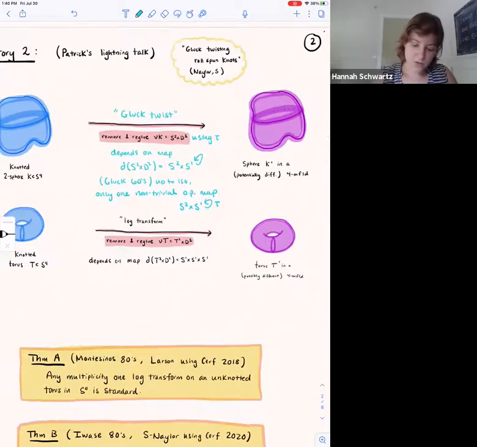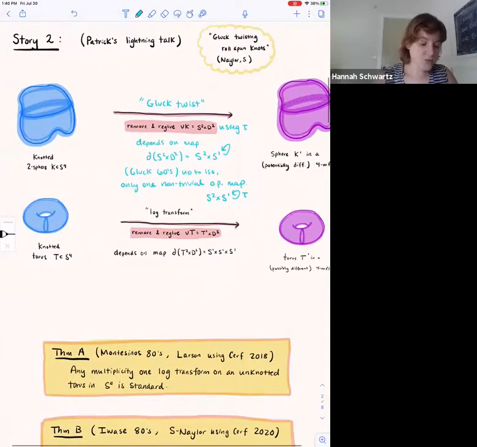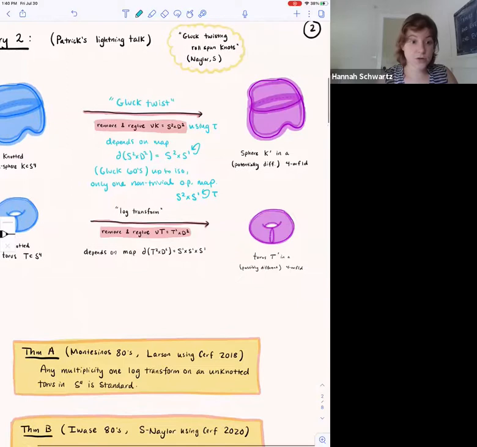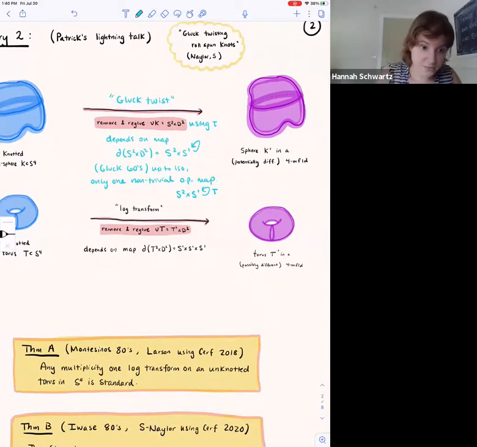Okay, so because we're doing this on a 2-sphere in S4, by Freedman, this manifold is actually homeomorphic to S4.